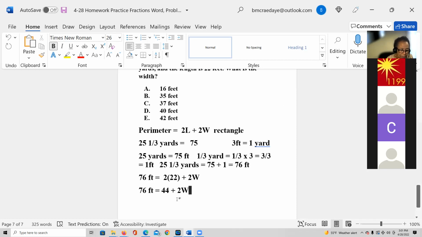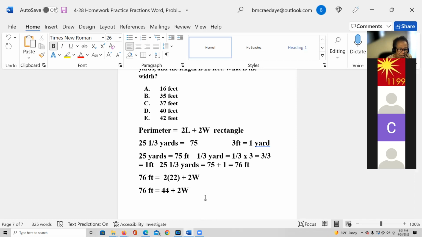Divide. Multiply is 22. I want just 2W left on the right side. What do I do, Mercedes, to get 2W left over here? Divide 44 by 2. No, why would you divide?